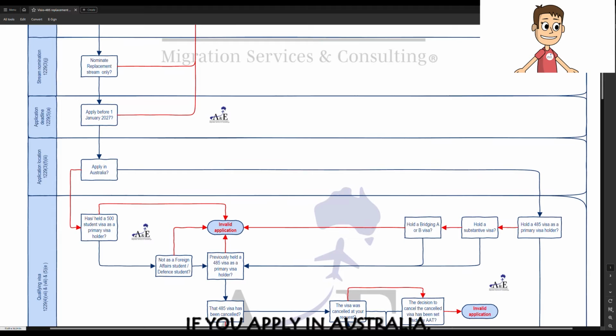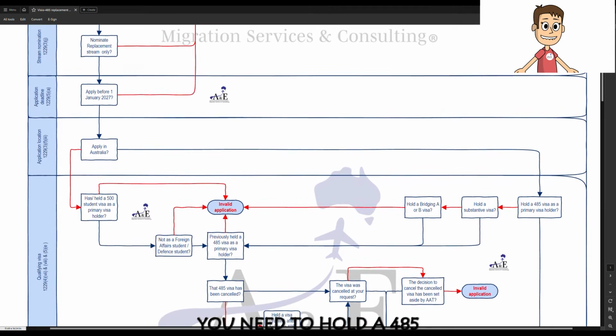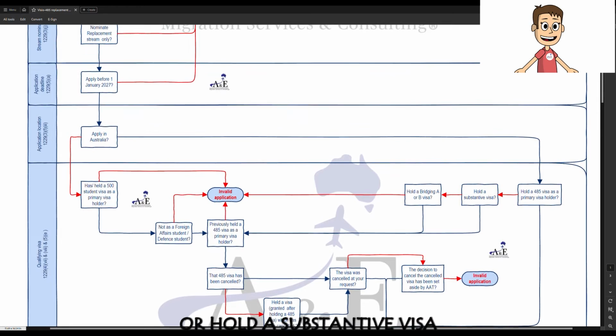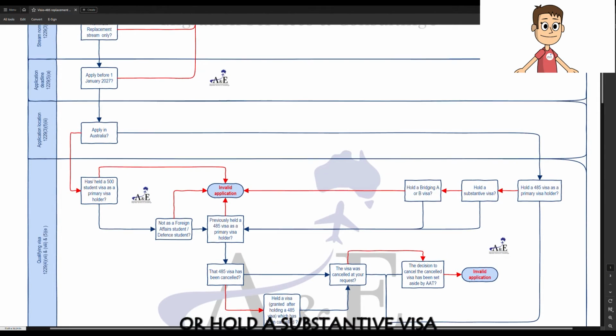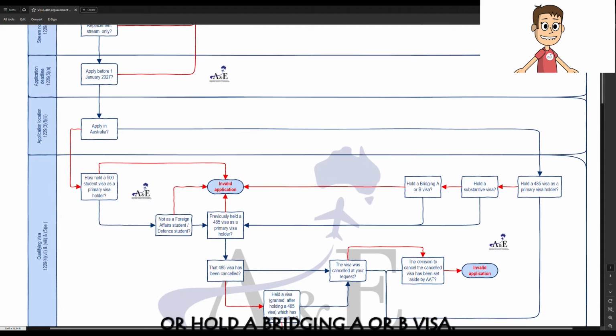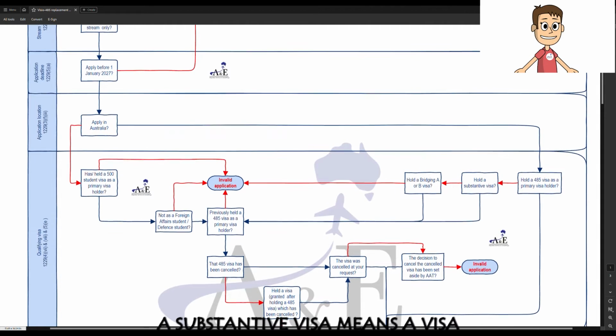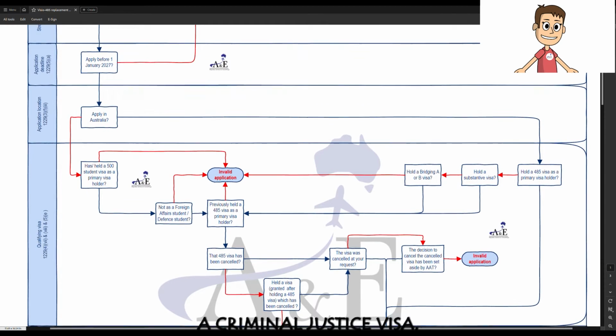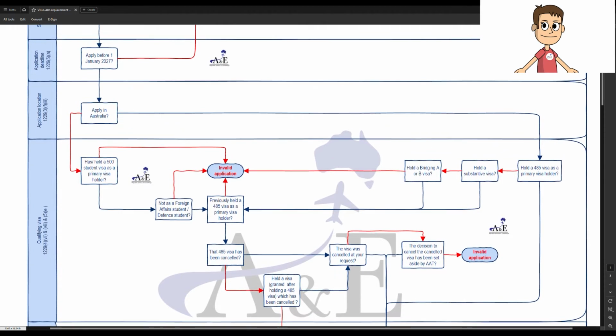If you apply in Australia, you need to hold a 485 visa as a primary visa holder, or hold a substantive visa, or hold a bridging A or B visa. A substantive visa means a visa other than a bridging visa, a criminal justice visa or an enforcement visa.